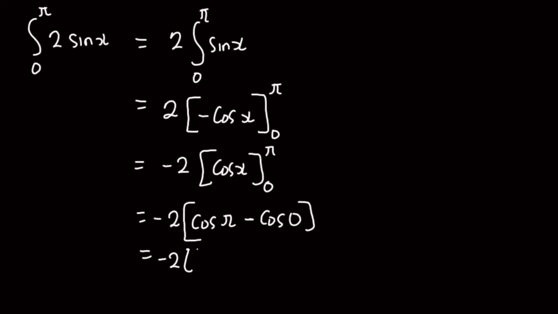Cos 180 is negative 1, so this minus cos 0, which is 1. And so this is the same as negative 2 into bracket negative 2. And this gives positive 4. And therefore, the integral of the whole expression when the lower limit is 0 and the upper limit is pi is positive 4.